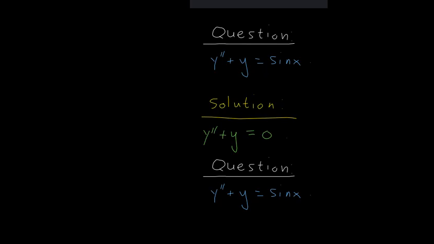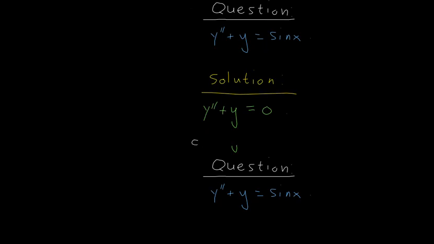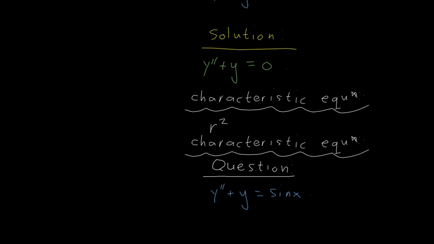And then we get the characteristic equation, and you'll notice we get r squared plus 1 equals 0.